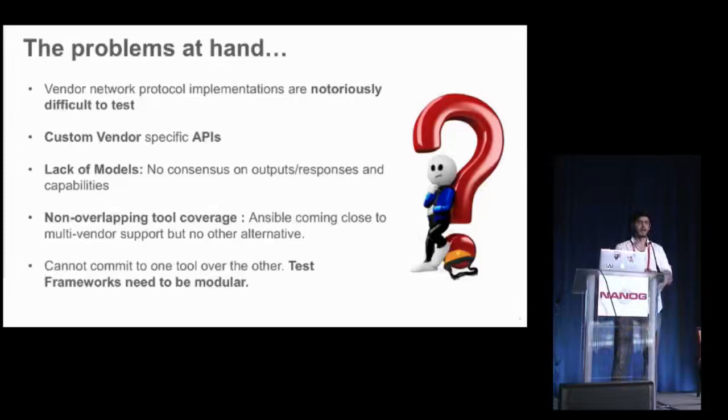When you consider the fact that every vendor has their own API, you also consider the fact that in order to cover all of the possibilities that a protocol can expose to you, you are pretty much going on your own knowledge of what the protocol can do before you write your tests and validations. Now, the model, which could be, by the way, in any given form factor, right? It doesn't need to be Yang models. It could be a .proto file.